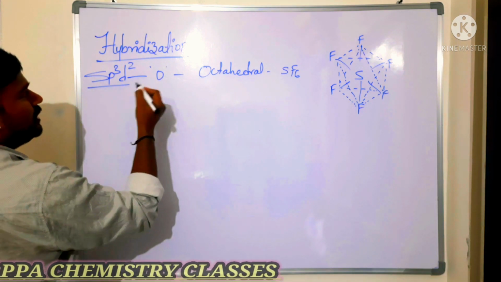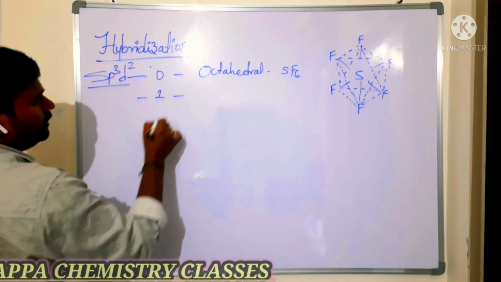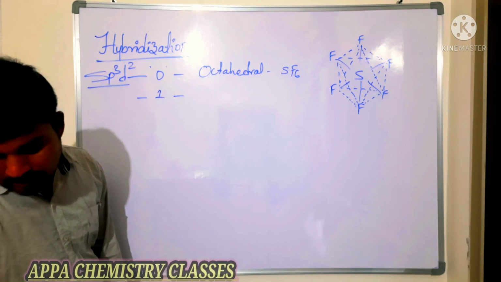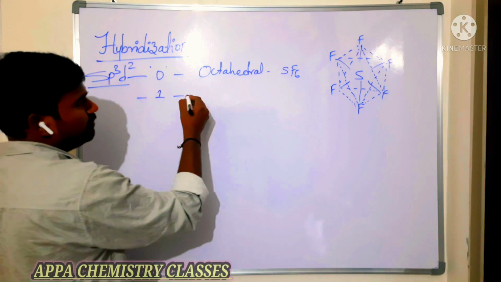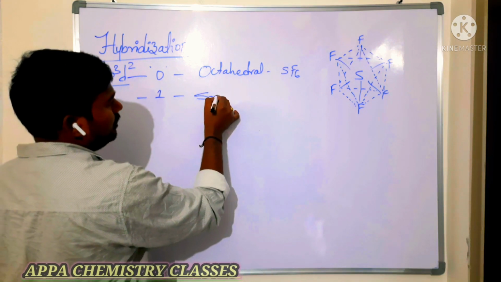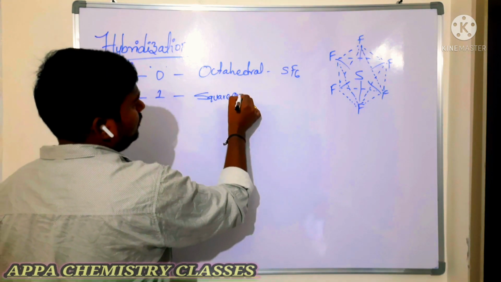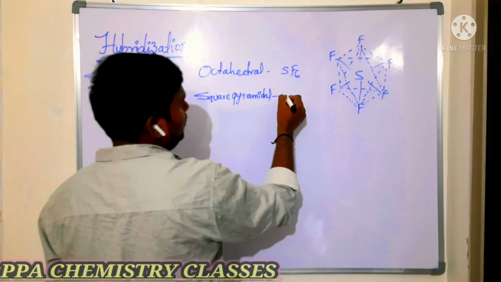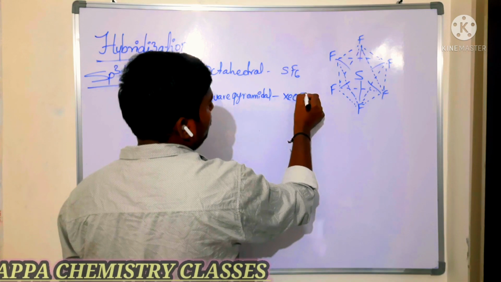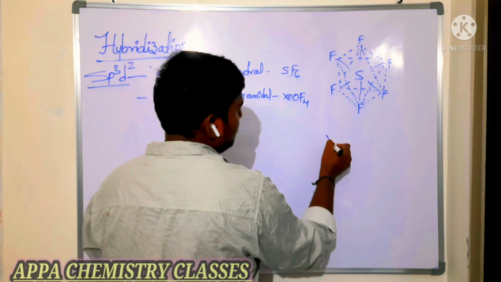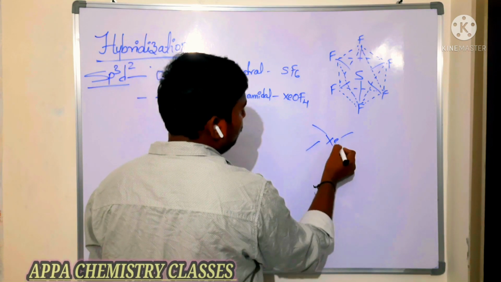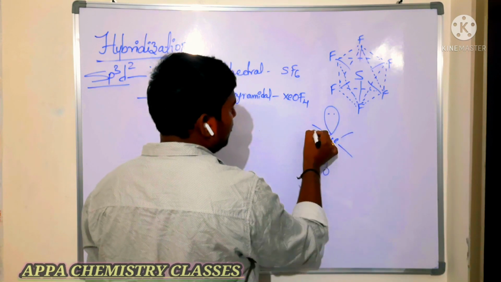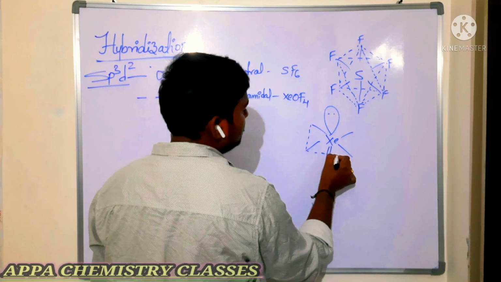Next, sp3d2 with 1 lone pair gives square pyramidal geometry. The example is XeOF4. Xenon has the 4 fluorines like this, one oxygen atom here, and the one lone pair perpendicular to the square.